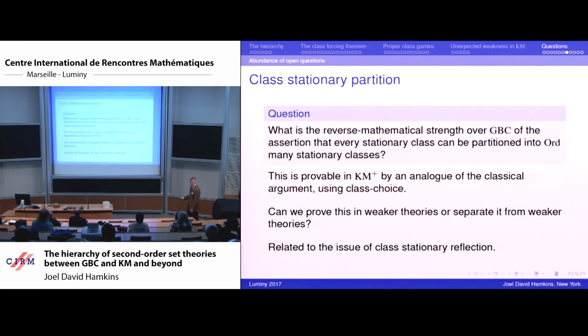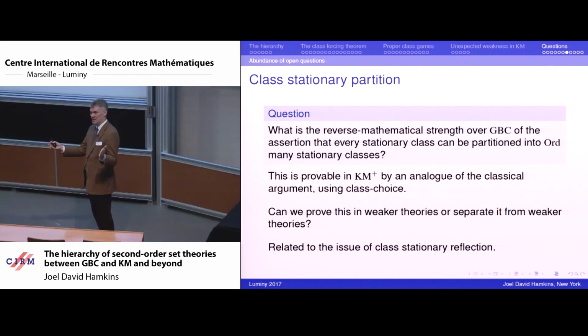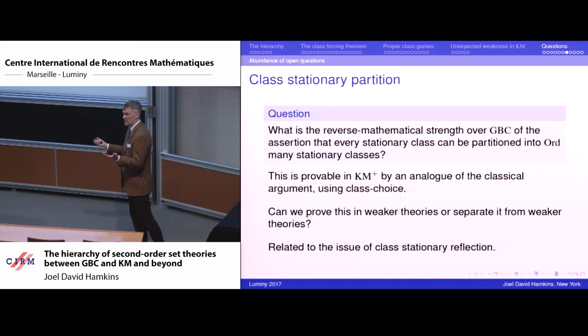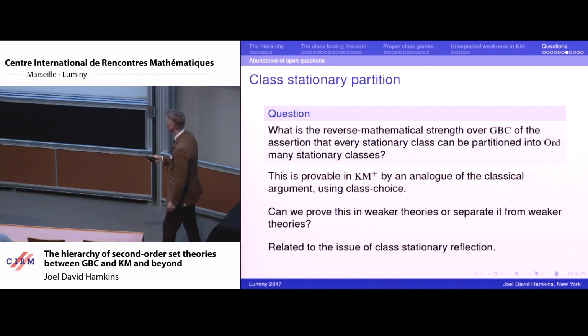Then the stationary partition: the assertion that every stationary class can be partitioned into disjoint stationary classes. So of course, in the strongest theories, you can run the analog of the classical arguments, but without class choice, and in the weaker theories, it's not clear at all what the strength of this assertion is in the second order context. And it seems to be related to stationary reflection.